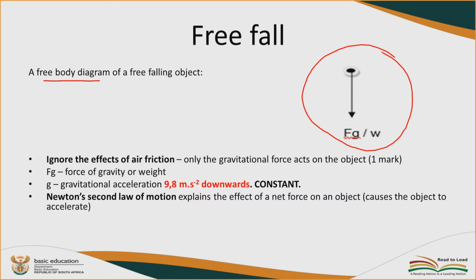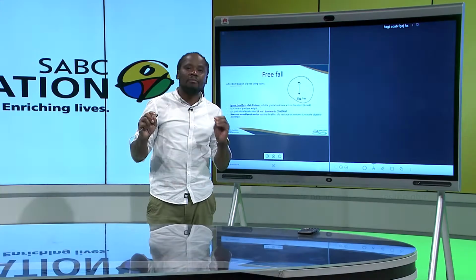So if the number of marks in a free body diagram, from what we already know, is 1, it means there's only one force. If there's 3, similarly, we'd have 3 forces acting on the object. Right. Now, how do we tell that an object is in free fall under normal circumstances? The phrase "ignore effects of air friction" says to us we need to be very, very mindful of that.